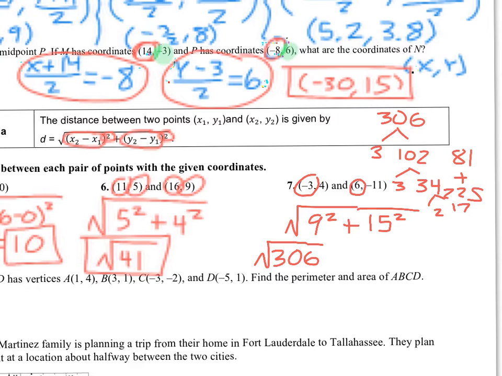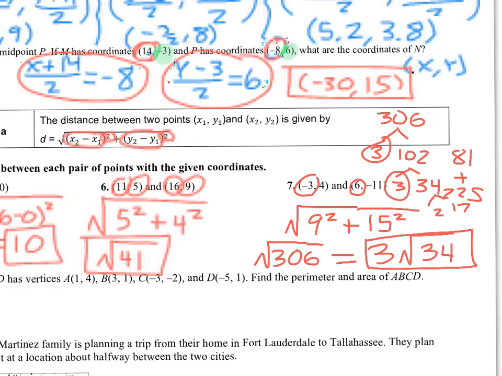So I see 2 3's, so a 3 can come out. 2 times 17 has to stay inside. So that's 3 radical 34. So again, 2 3's. So 1 3 comes out, the other 3 disappears. 2 and 17 don't have a partner, so those have to stay inside.